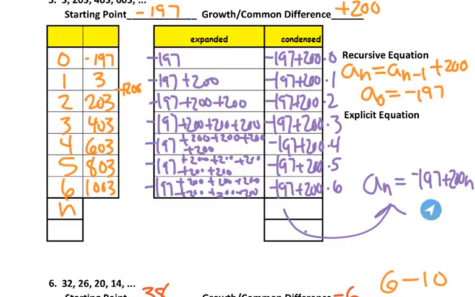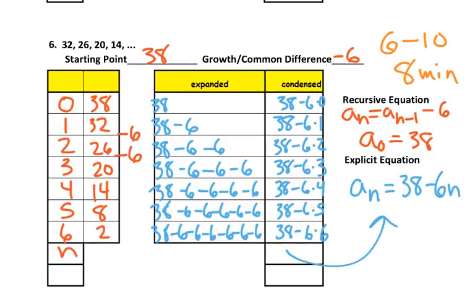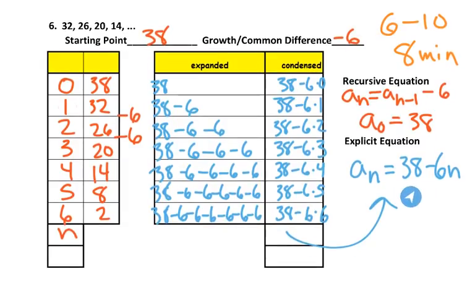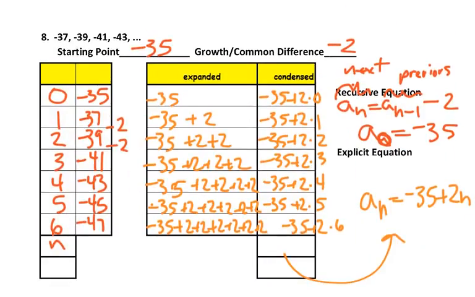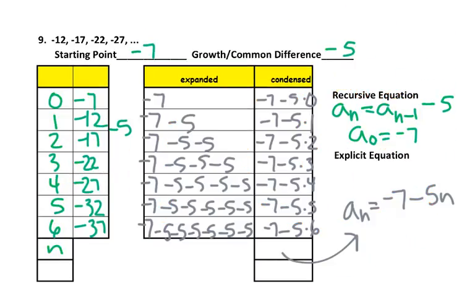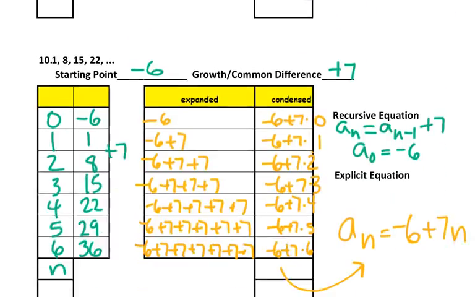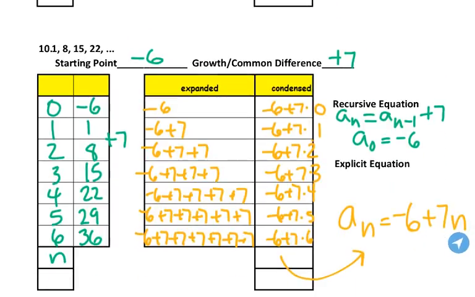So a sub n equals negative 197 plus 200n. A sub n equals 38 minus 6n for number 6. Same pattern. 7, 24 plus 3n. 8, negative 35 plus 2n. 9, negative 7 minus 5n. And 10, negative 6 plus 7n.